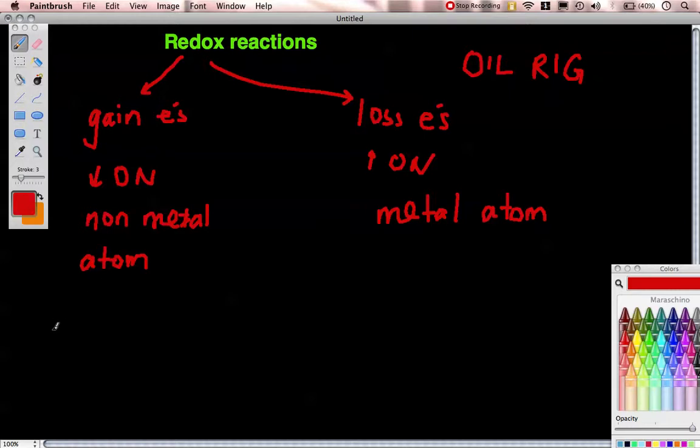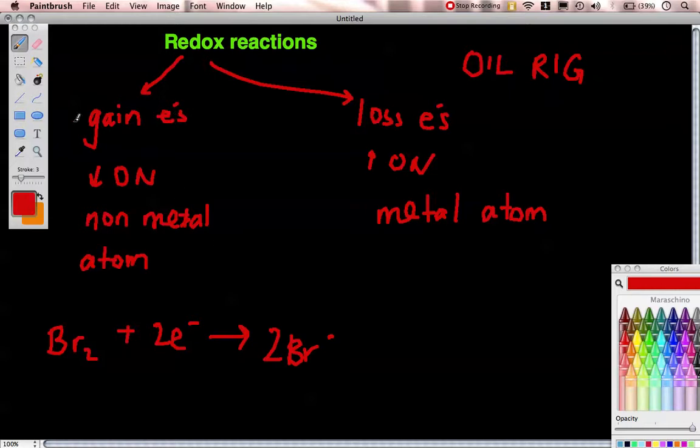Guys, a reduction half equation would look something like this. Let's take bromine, for example, a reasonably reactive halogen. And if we add 2 electrons to bromine, then we form 2 bromide ions.